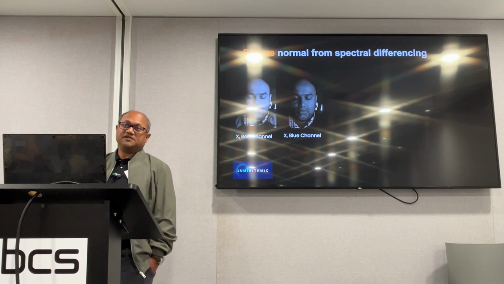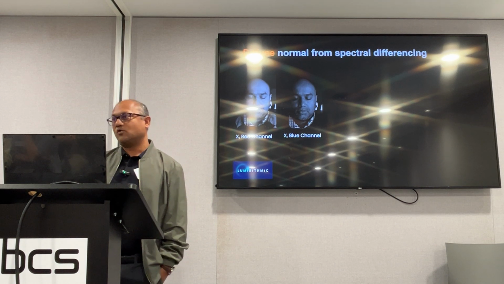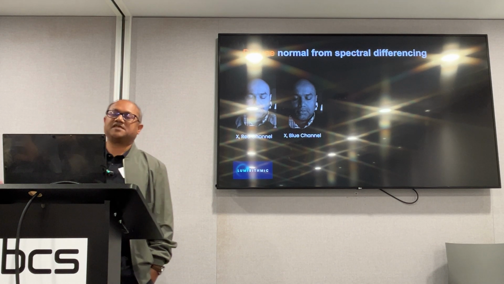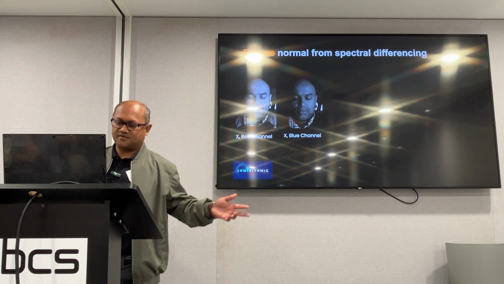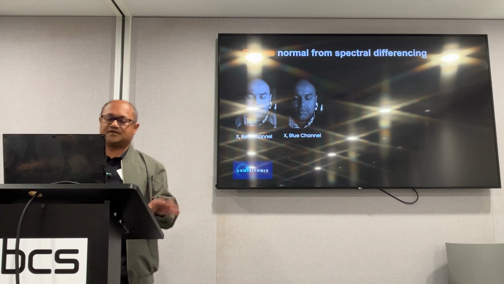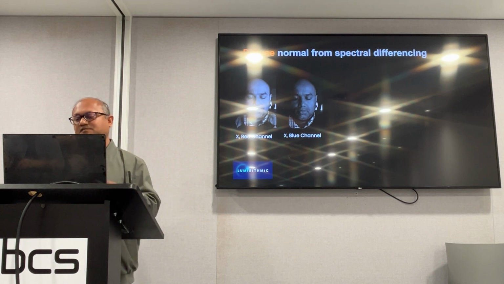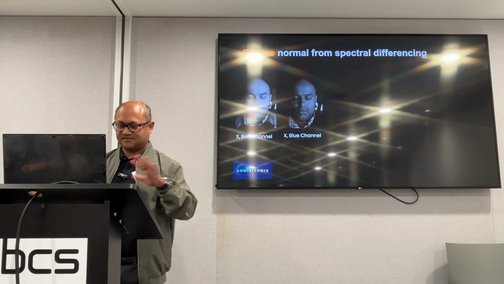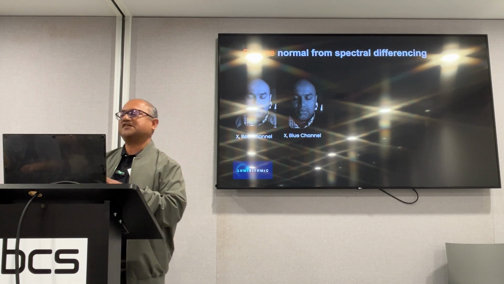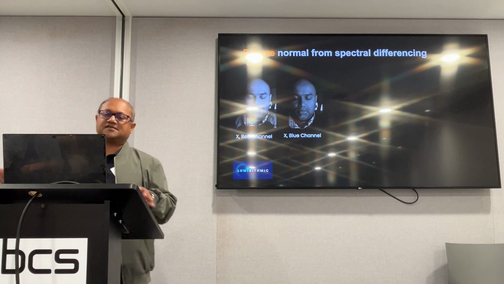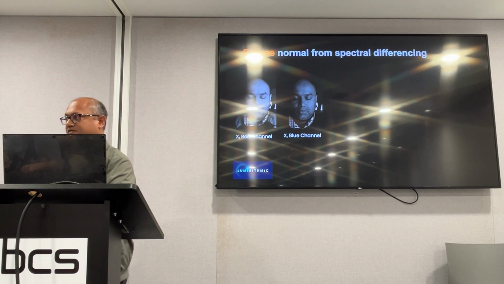Now, we want to do diffuse specular separation, but now we don't want to use polarization, so we need to do something else. So the solution we use here is what is known from color space theory, dichromatic reflectance, where specular reflection is white and skin reflection is colored. Essentially you have the same amount of specular sitting in all color channels, but a different amount of diffuse in different channels.